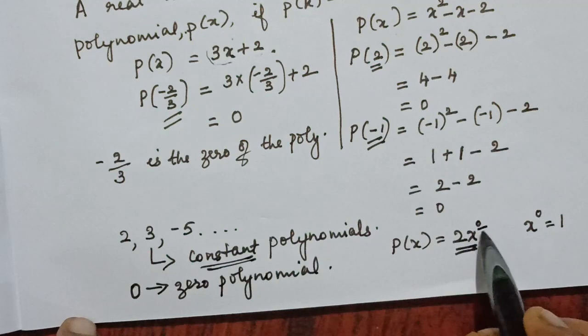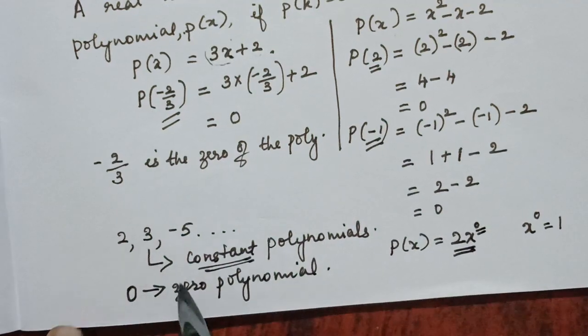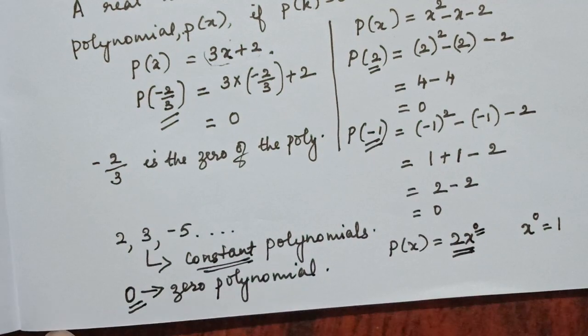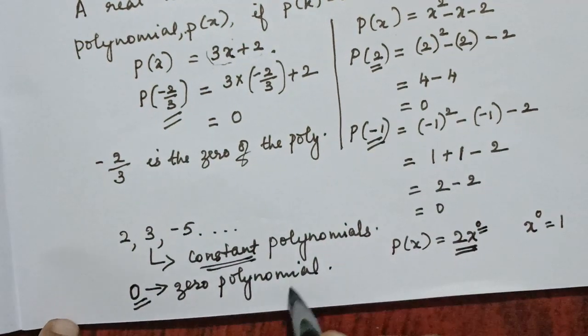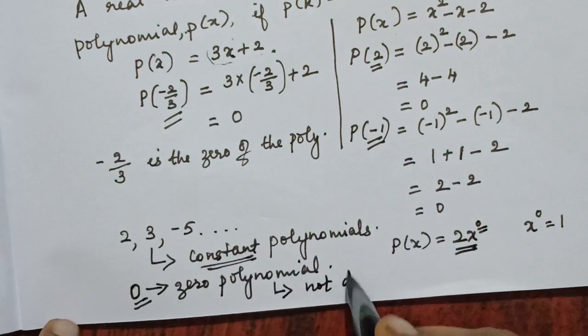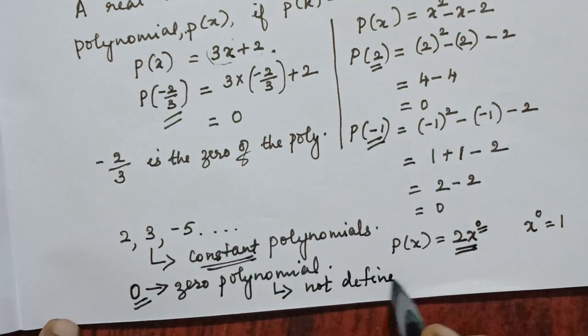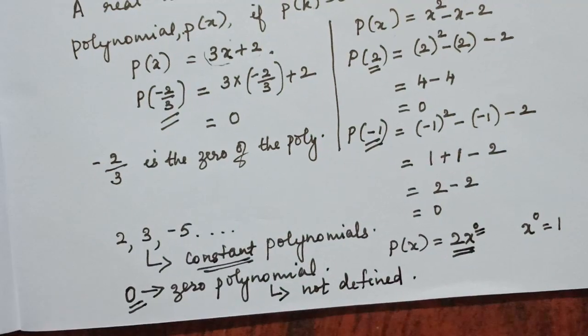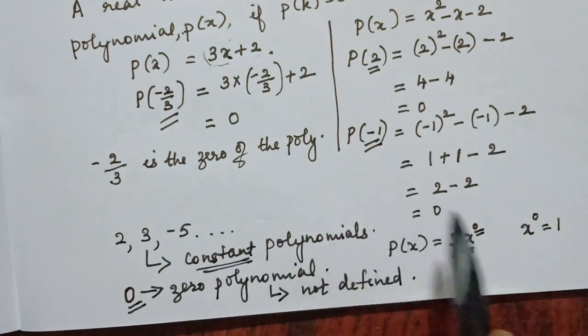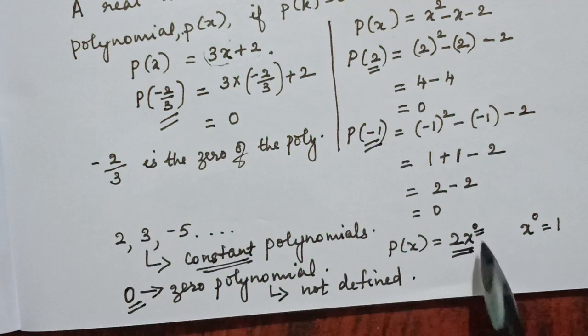It is 0. Then what about the degree of the zero polynomial? The degree of the zero polynomial is not defined, whereas the degree of a constant polynomial is 0.